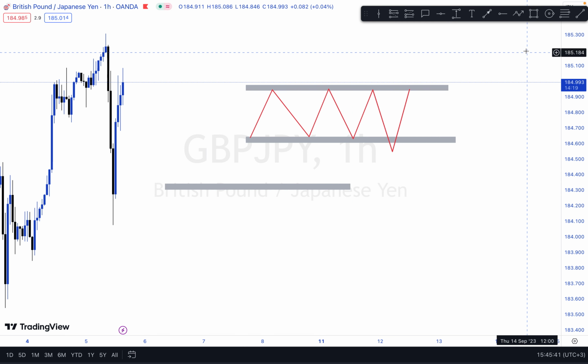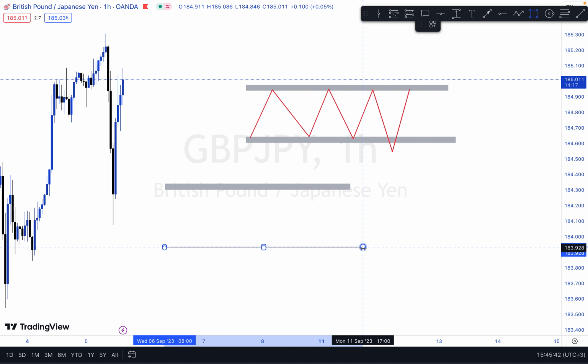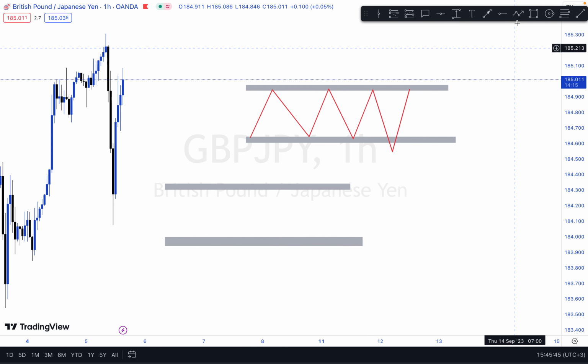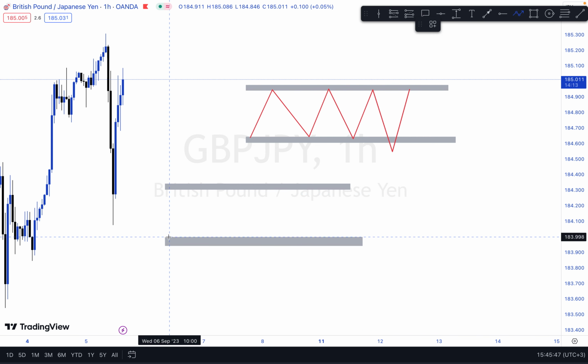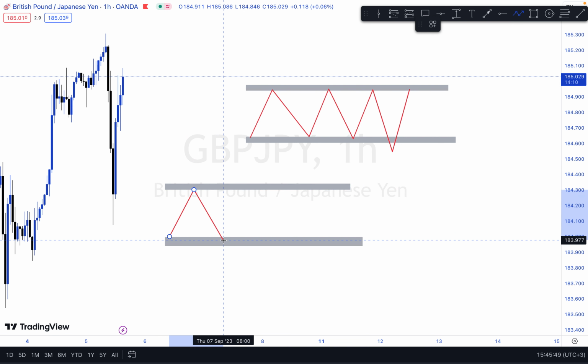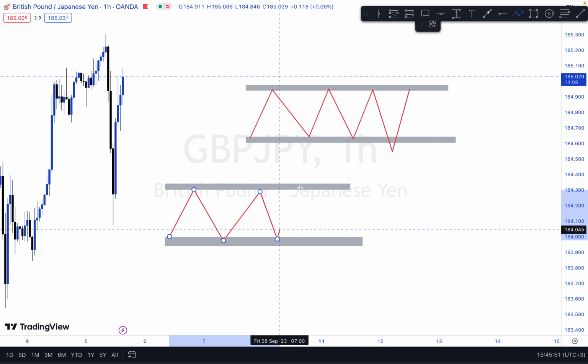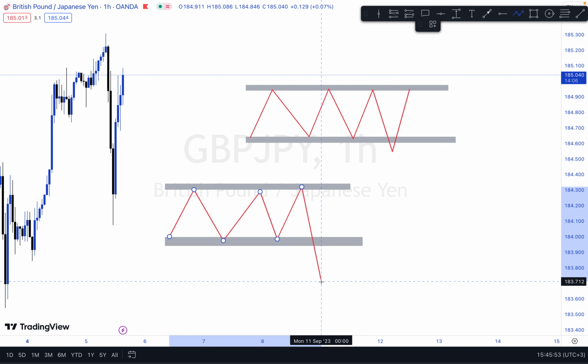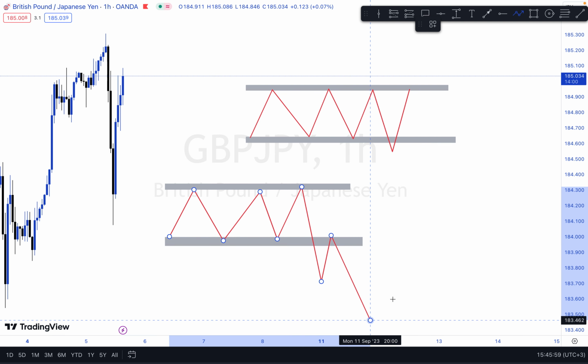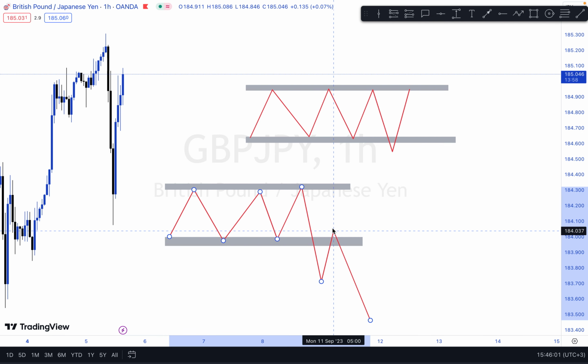A breakout and a retest is when it's not too close to the zone but not too far from the zone. Then, something of this nature, or it might actually go up a little bit.